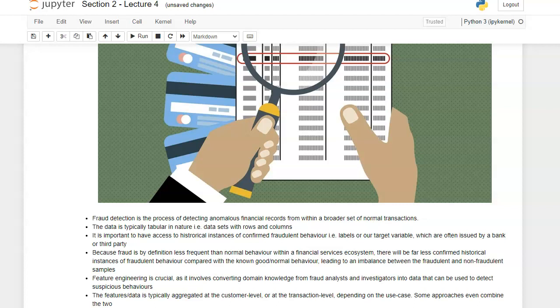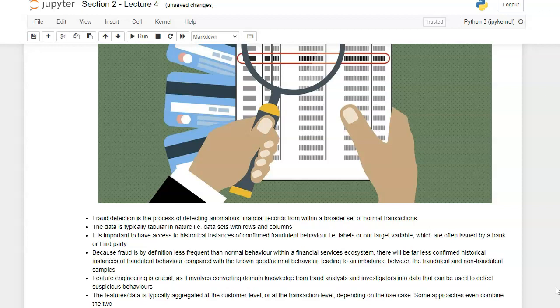So, by means of a definition, fraud detection is the process of detecting anomalous financial records from within a broader set of normal transactions. We assume that a financial services organization, if they're operating effectively, the majority of their transactions would and should be normal in the sense that they're not fraudulent.